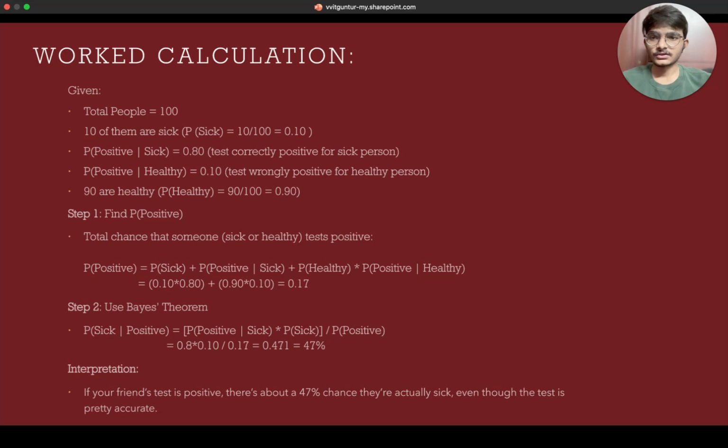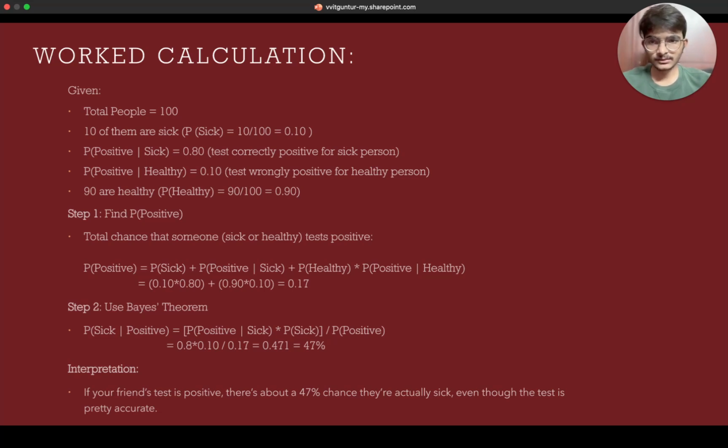Given that the total number of people who took the test is 100, and 10 of them are very sick, the probability of sick is the number of favorable events divided by the total number of events. That is 10 by 100, which gives 0.10.